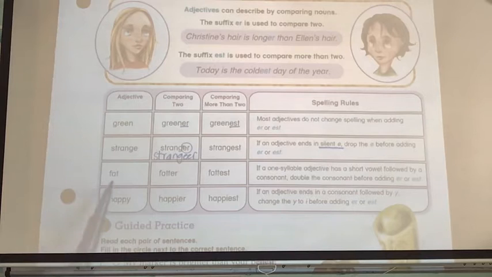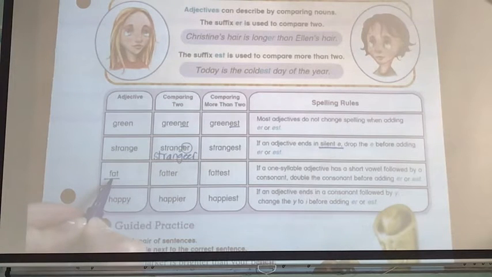All right, let's look at the next one. If a one-syllable adjective has a short vowel followed by a consonant, double the consonant before adding ER or EST. Now, that was a lot of information, but let's take it one step at a time. The word they give us is fact. It is one syllable, and I have a short vowel before a consonant at the end.